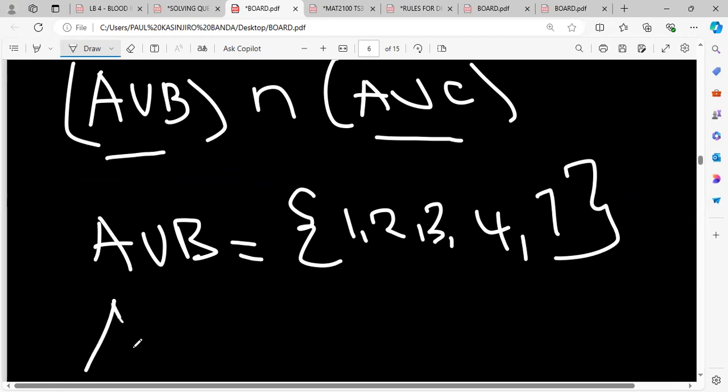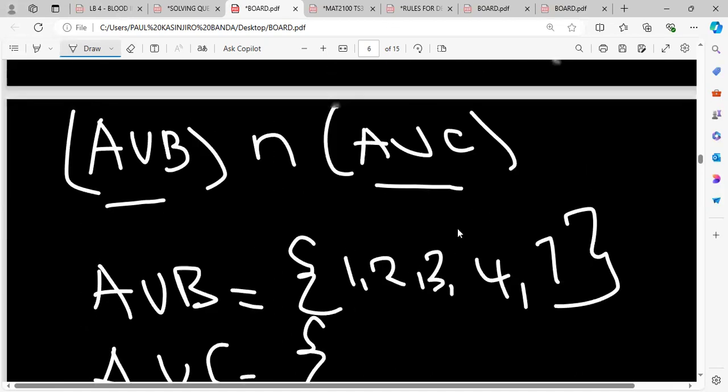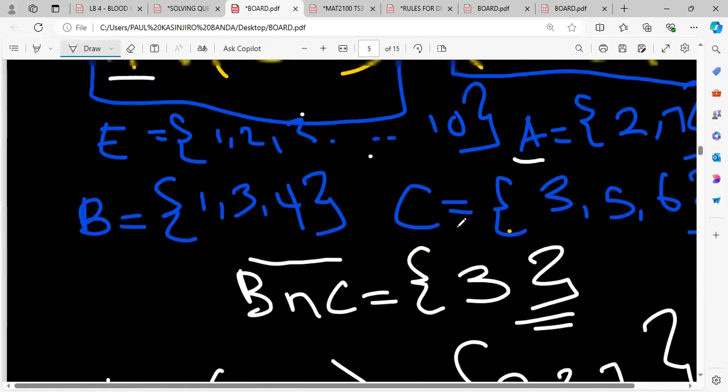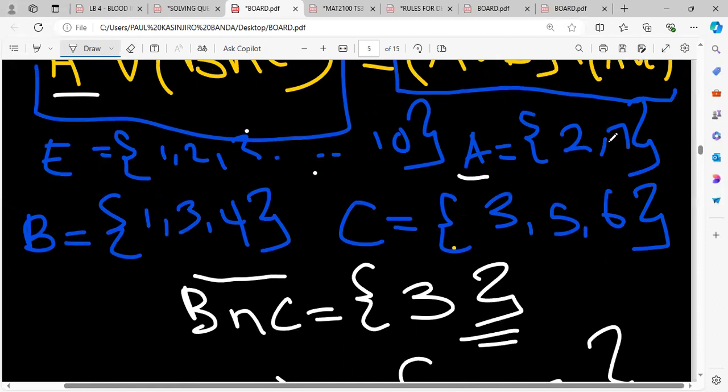And then what will be my A union C? Let's look at the sets that we have here, A and C. In A, I have 2 and 7, and in C, I have 3, 7, 6.